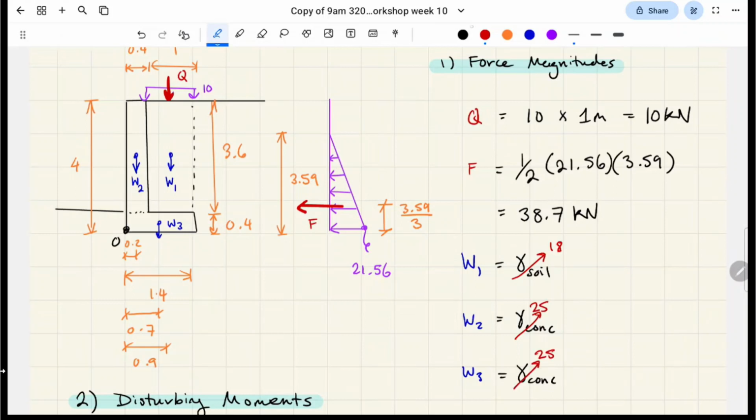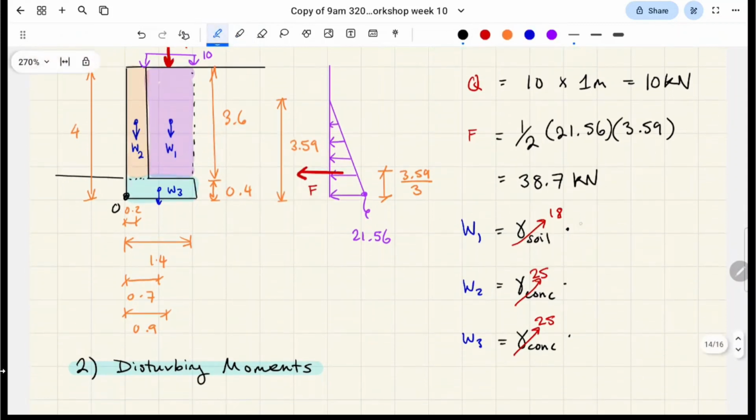So is this one. So visually you can think of it like this. We have to multiply the unit weight by these areas. So for W1, we need this block of soil, this area of soil. W2, this area of concrete. W3, this area of concrete.